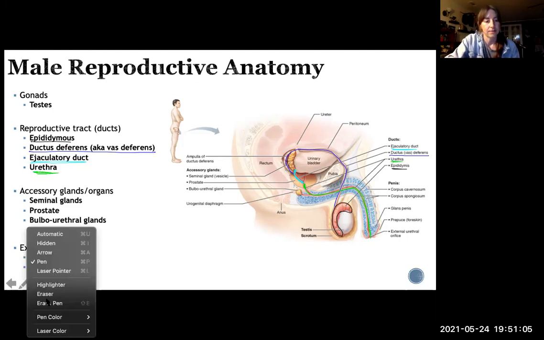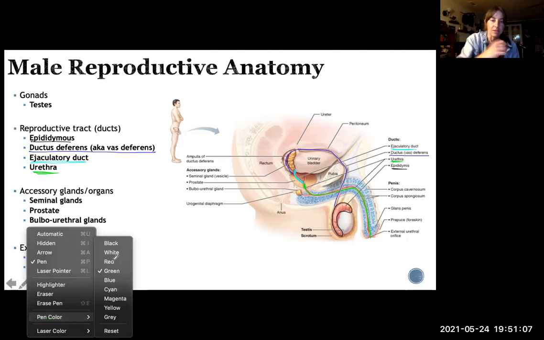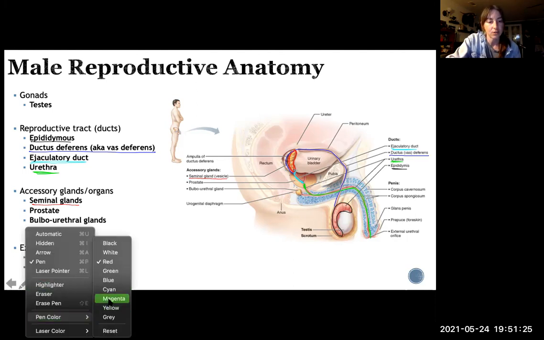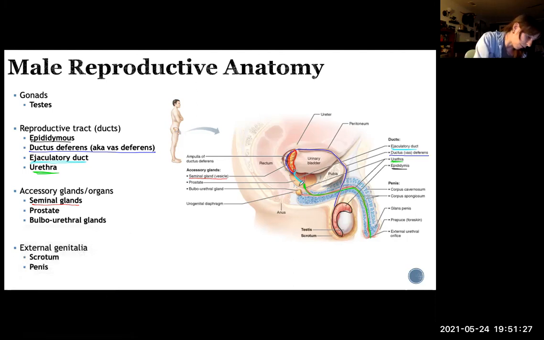All right. The seminal glands from this view are here, which is to say the one. So this is like the right seminal gland, because you can only see one from this view. And the prostate is still right here, wrapped around that proximal portion of the urethra, right?